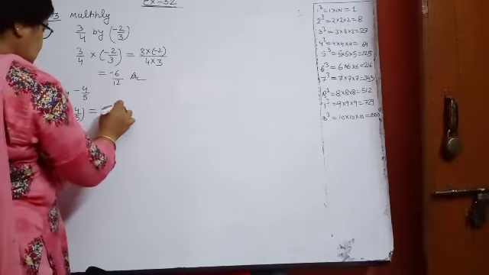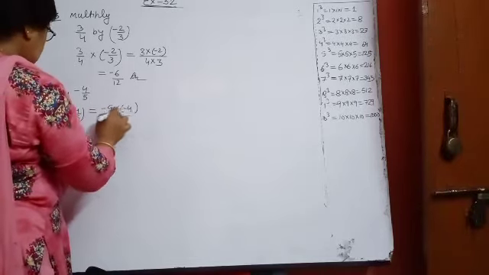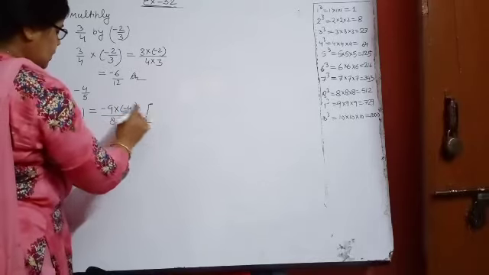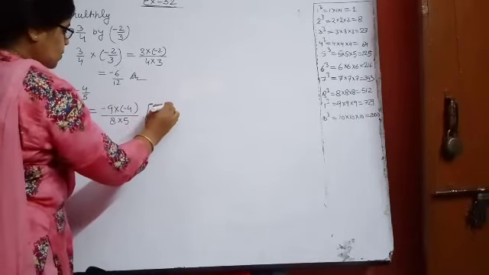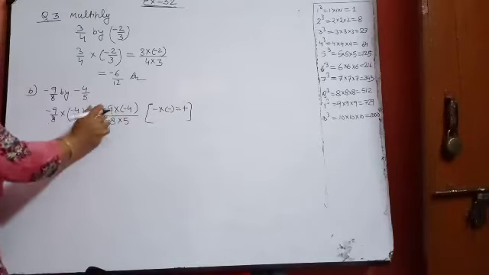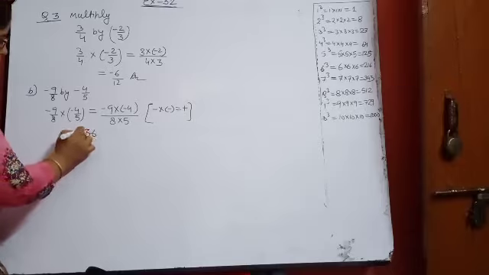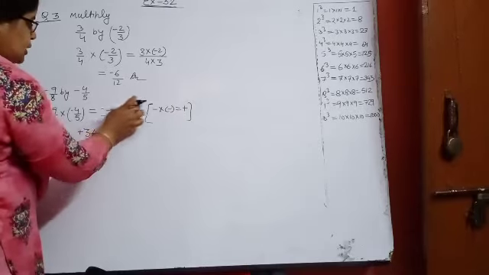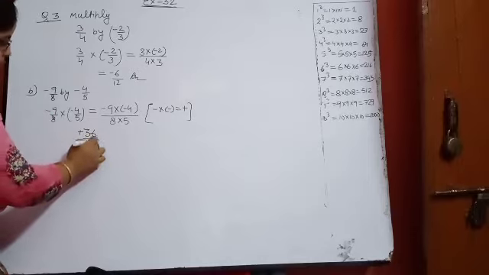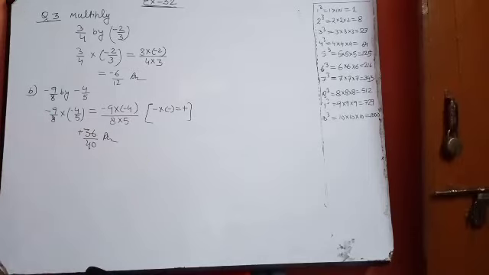Minus 9 into minus 4 upon 8 into 5. Here minus into minus, what will it become? Plus. 9 fours are 36, plus 36 because minus into minus is plus, and 8 fives are 40. So it will be your answer. How simple we are doing this.